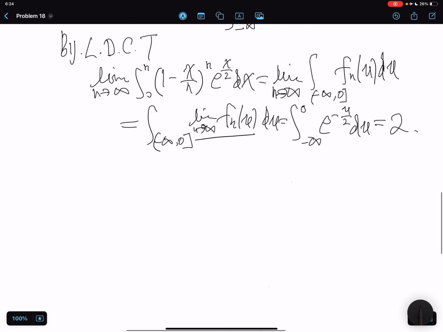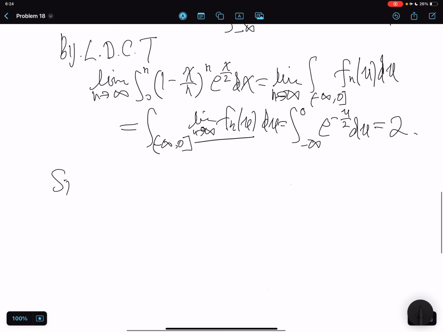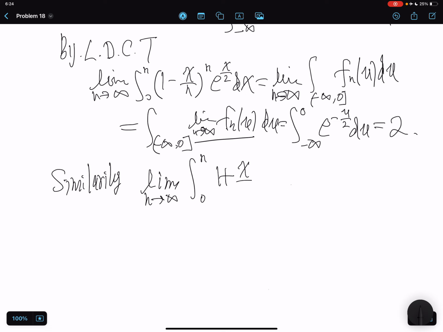So for the second one, similarly, we have this limit as n goes to infinity of the integral from 0 to n of (1 + x/n)^n e^(-2x) dx, right?